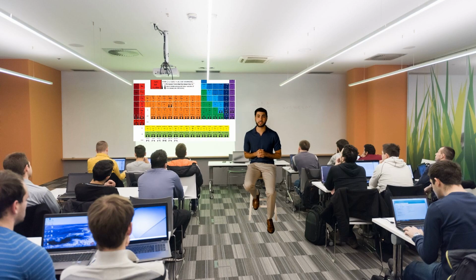As you move across a period, the number of protons in the nucleus increases, resulting in a stronger attraction between the nucleus and the electrons. This pulls the electron cloud closer to the nucleus, reducing the atomic radius and increasing ionization energy and electronegativity.